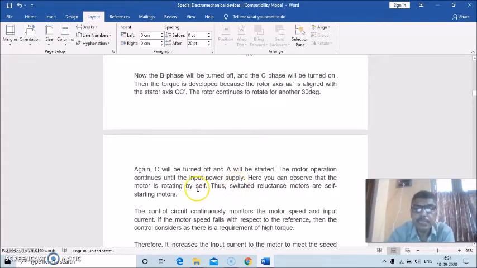Again C will be turned off and A will be started, and the motor operation continues as long as the input power supply is present.